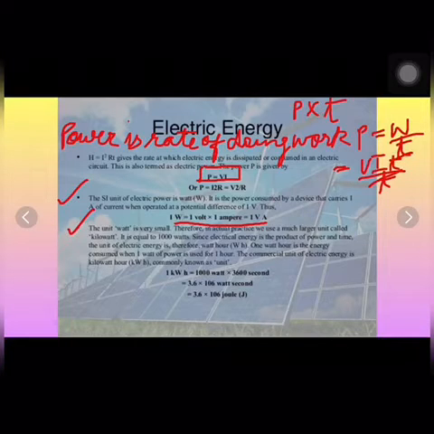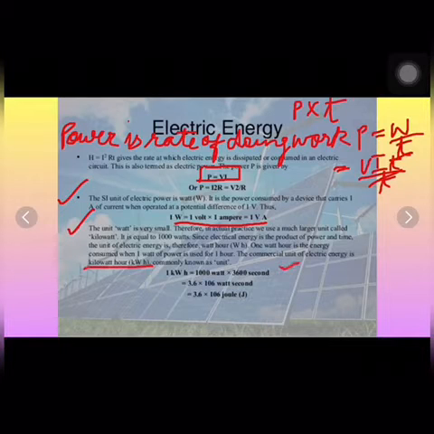So for commercial purposes, a bigger unit called kilowatt hour is used. The commercial unit of electrical energy is kilowatt hour, which is commonly known as unit. So 1 kilowatt hour is equal to 1000 watt into 3600 seconds, because 1 kilowatt will be equal to 1000 watt and 1 hour will be equal to 3600 seconds.